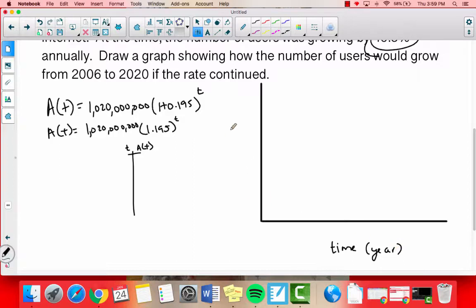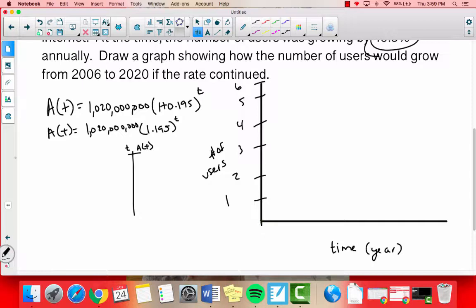And then my vertical axis would be the number of users. And you also have to pay attention to the numbers you're working with and what you count by. We're talking about billions of people using the internet, so don't count by ones. In this case, maybe you count by 1 billion, 2 billion, 3 billion, 4 billion, and so forth, all the way up to whatever it's going to take. That way you know it's in the correct scale.